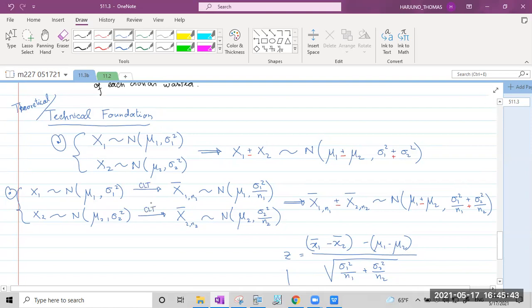Maybe the underlying populations are not normally distributed, but as long as the sample size is more than 30, we can apply the central limit theorem for each sampling distribution. Now, when we subtract those sampling distributions, they will still be normal. That's for 11.3b. Let's go on to 11.2.